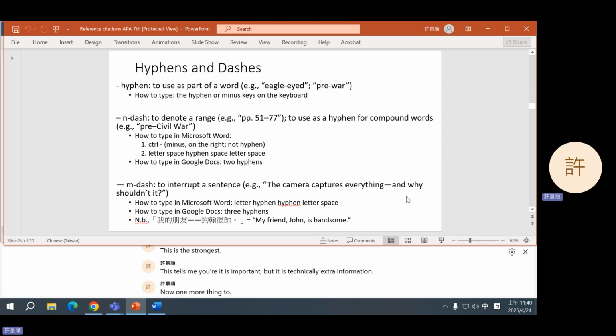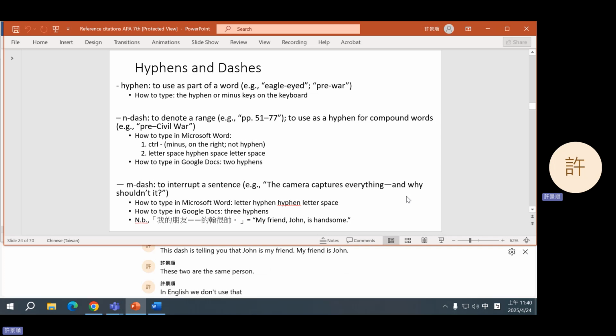Now, one more thing to pay attention to. NB is some more Latin. It means nota bene, which means pay attention. In Chinese, we sometimes have this kind of sentence structure, right? This dash is telling you that John and my friend are the same person. In English, we don't use dashes for that.